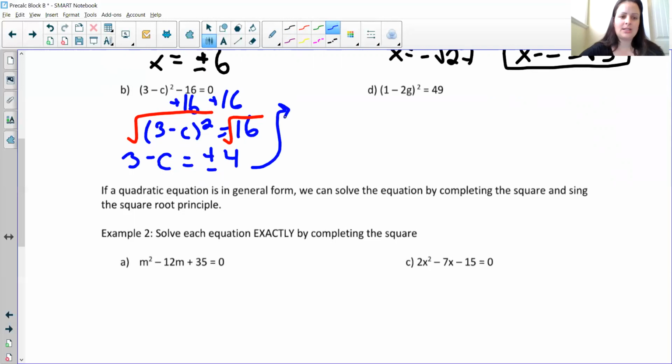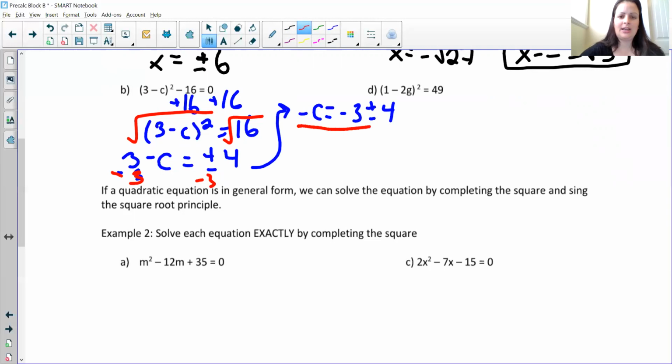Then you're going to subtract 3 from both sides. I'm going to color code this. And you get negative c equals negative 3 plus or minus 4.